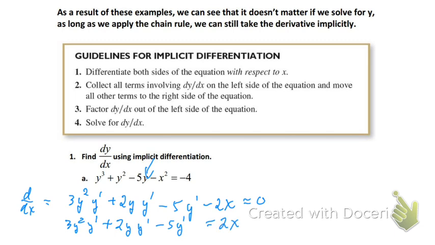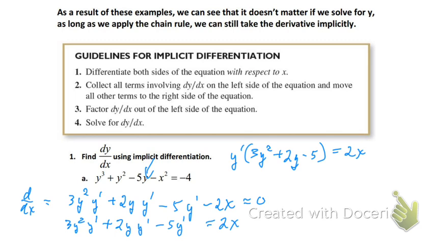Okay, now I'm going to factor. Every term on the left has a y prime in it, so I'm going to factor it out. So I can say, all right, y prime times 3y squared plus 2y minus 5 equals 2x. Yes? I want to isolate my y prime.